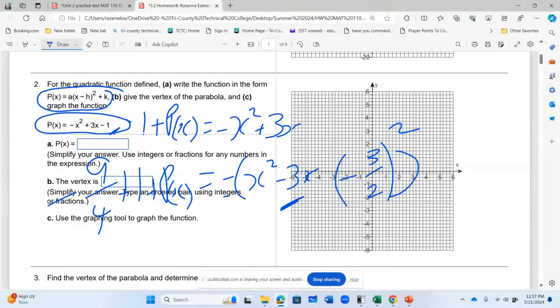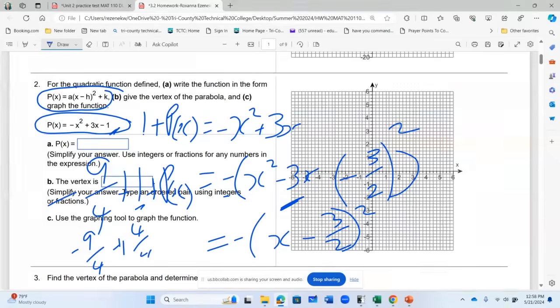And then the next thing I want to do is open the parentheses. I have x, take 1 of this and take 1 of that, 3 over 2, and that is squared outside. Simplify what is on the left-hand side. So 9 over 4 plus 1 is the same as 9 over 4 plus 4 over 4.